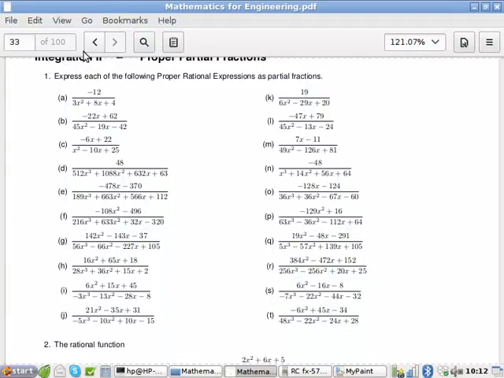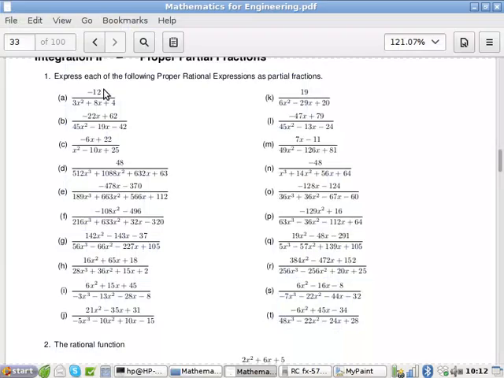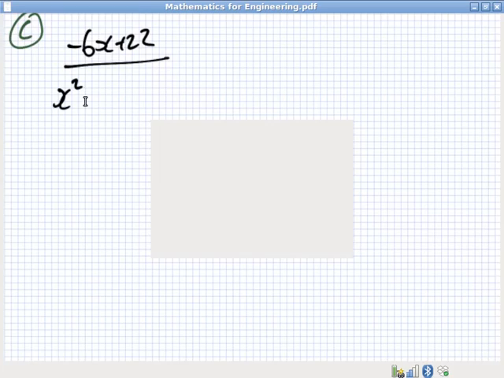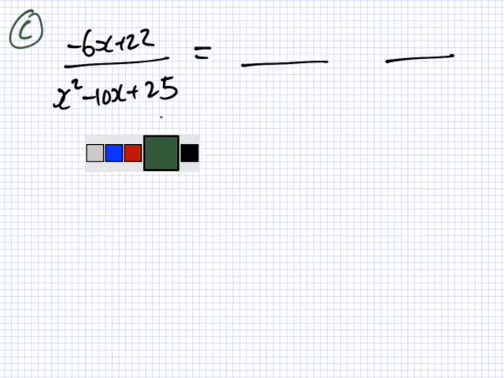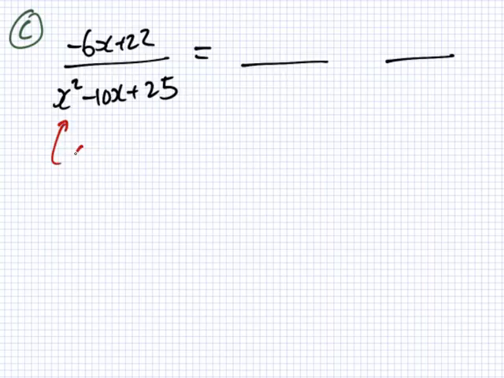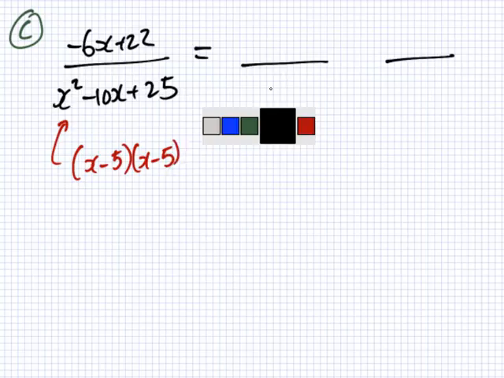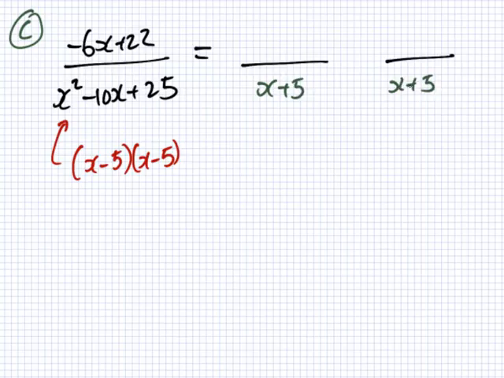You'll manage it, and you have minus 6x plus 22 over x squared minus 10x plus 25. Now, when you factorize this, you get two factors, x minus 5 and x minus 5. This is actually a problem because if you try to write it as x plus 5 here and x plus 5 here, and this is an A and this is a B, watch what happens.